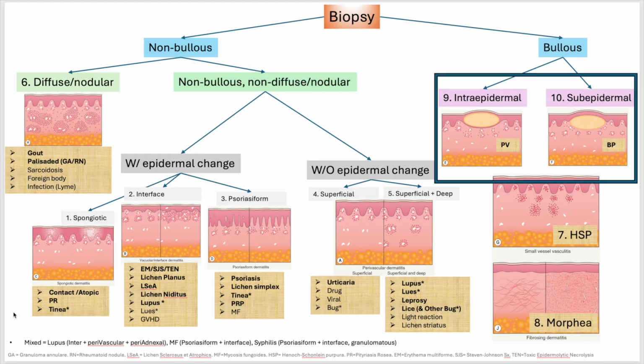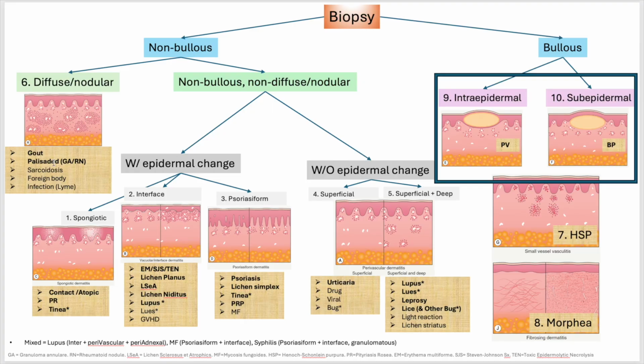Before we dive in, I want to show this single slide to help us orient ourselves, where we are in the big picture of inflammatory dermatoses. As many of you may recall, in last year's dermatopathology lecture series, we covered the non-bullous inflammatory patterns, everything from spongiotic to interface to psoriasiform patterns, to superficial and deep perivascular infiltrates, nodular and diffuse patterns, and so on.